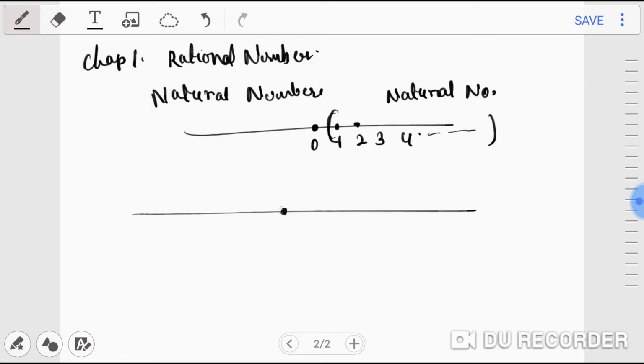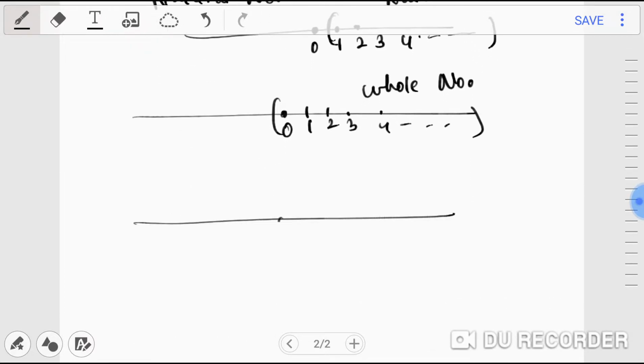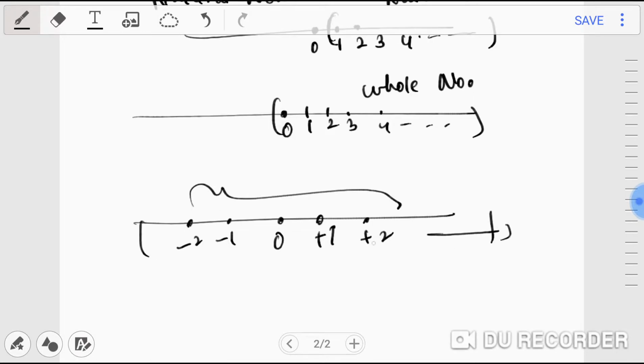But if I start my number line from 0 to infinity, these are called whole numbers. And if I take negative numbers as well as positive numbers, these all will be called integers.